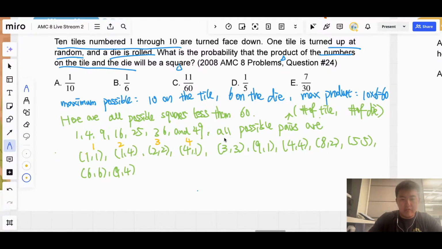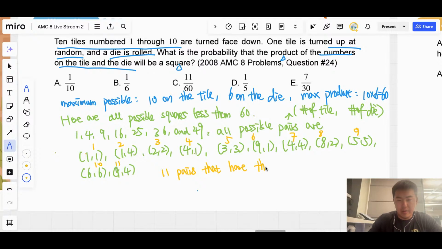That's our third one, fourth pair, fifth pair, 6, 7, 8, 9, 10, and 11. So there are 11 possible pairs that satisfy our requirements. So 11 pairs that have their product to be a square, right?